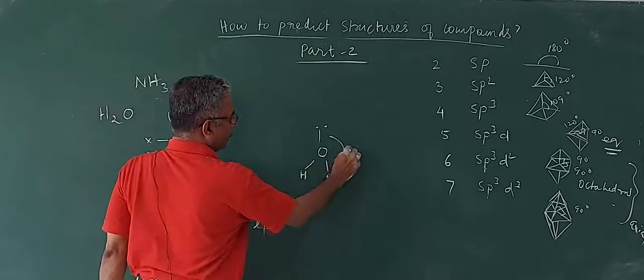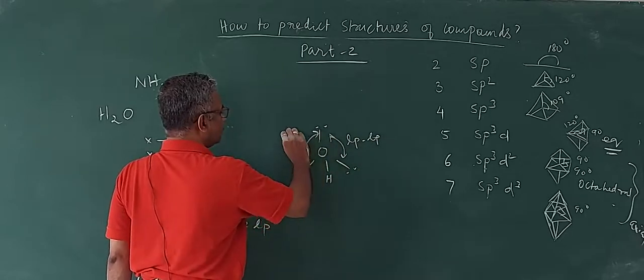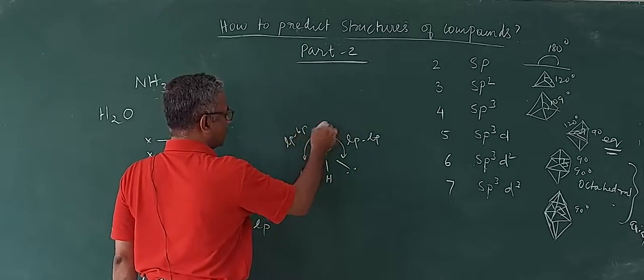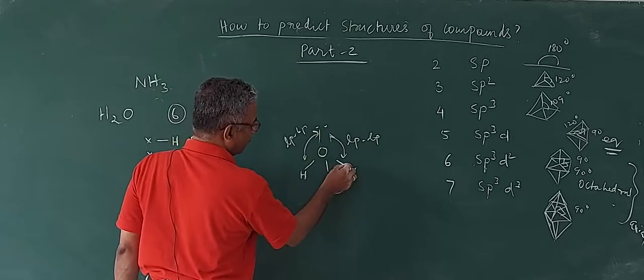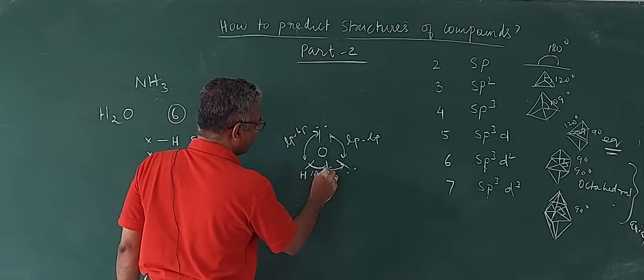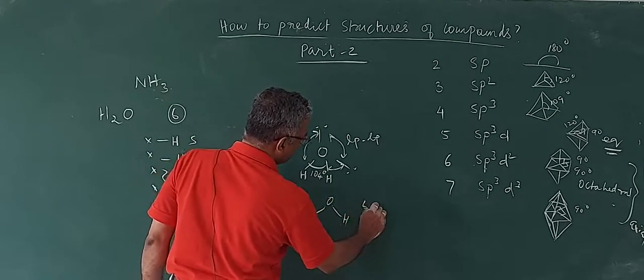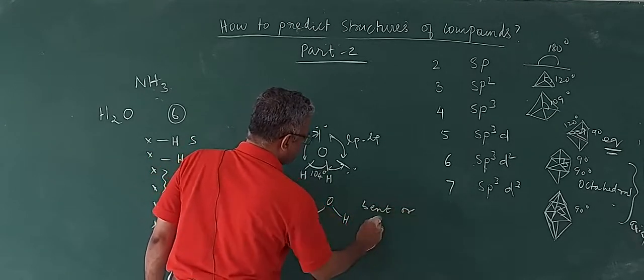Here you will have lone pair, bond pair repulsion. These two will repel. Therefore, this angle will be 104 degrees. So the shape of the water molecule will be bent, or you say angular.